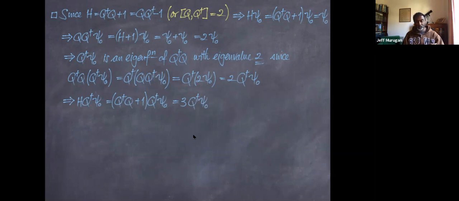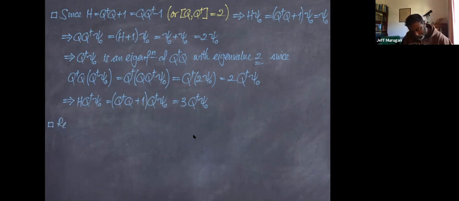So if psi naught is a zero mode of Q dagger Q, then psi naught, the Gaussian, is also an eigenstate of the Hamiltonian with eigenvalue 1. But Q dagger psi naught is also an eigenfunction of the Hamiltonian with eigenvalue 3, etc.